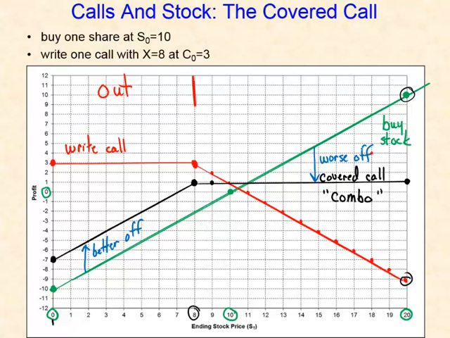So what a covered call then does for us is it provides some downside protection, some protection when the stock price falls, but we give up our upside potential. We don't make profits as the stock price rises.